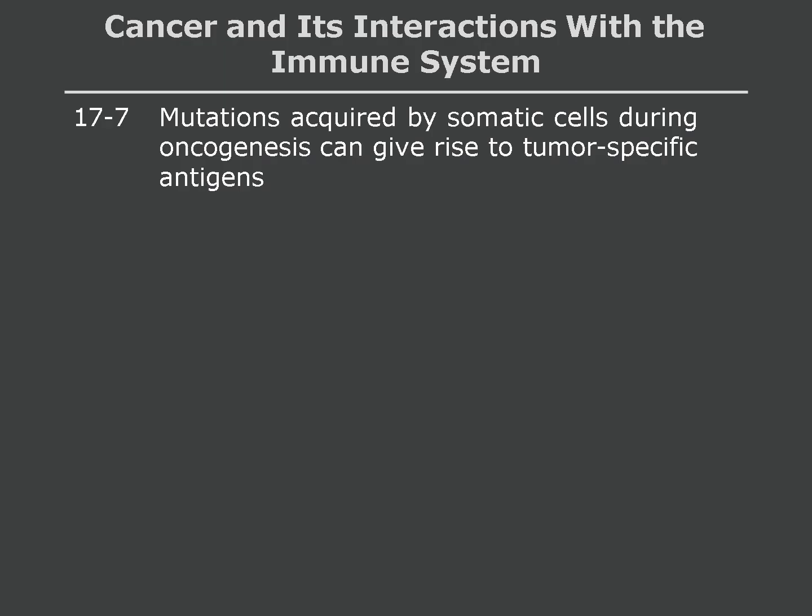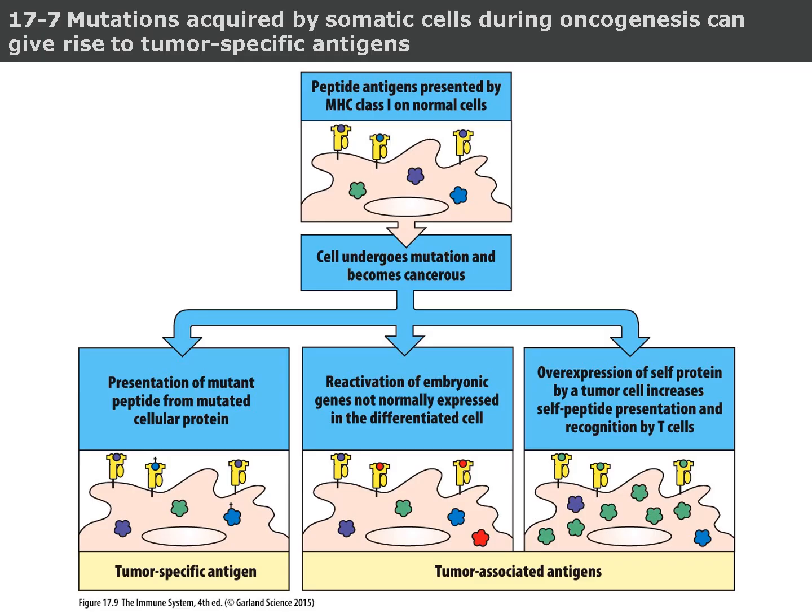Mutations acquired by somatic cells during oncogenesis can give rise to tumor-specific antigens. When a normal cell undergoes mutations and becomes cancerous, changes in its proteins can lead to the production of new antigens. Some tumor cells present mutant peptides derived from altered cellular proteins, creating tumor-specific antigens.